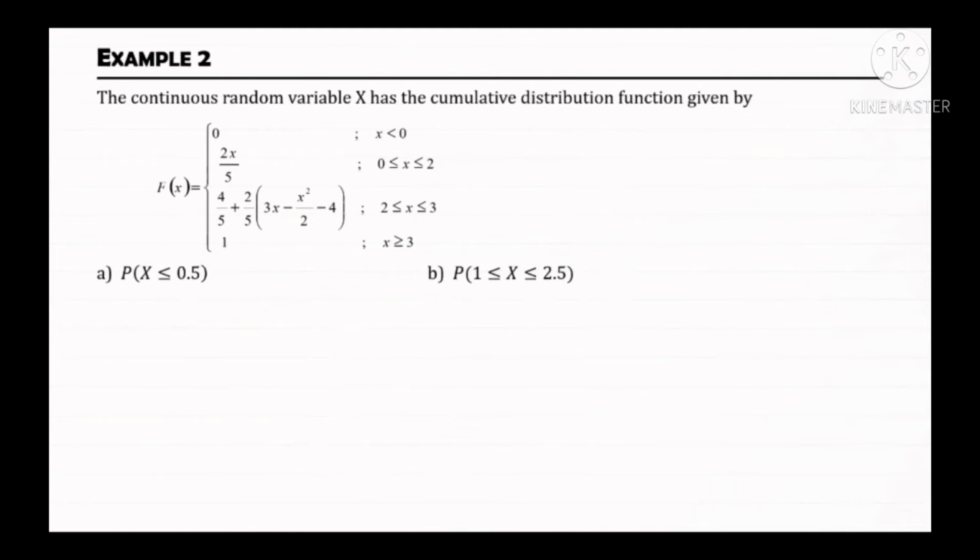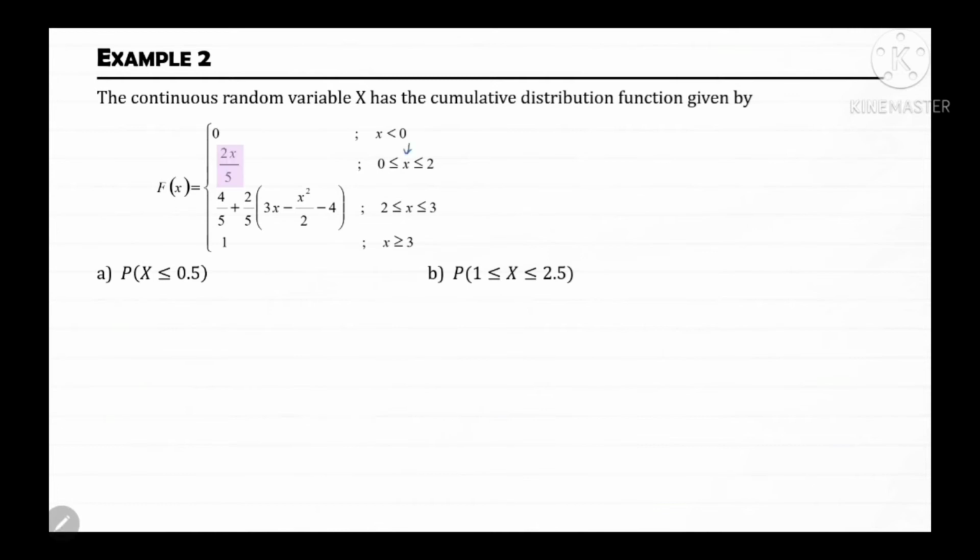Example 2. The continuous random variable X has cumulative distribution function given by F(x). So this is a cumulative distribution function. Find probability X less than or equal to 0.5, meaning from negative infinity up to 0.5. So 0.5 is between 0 and 2 here.